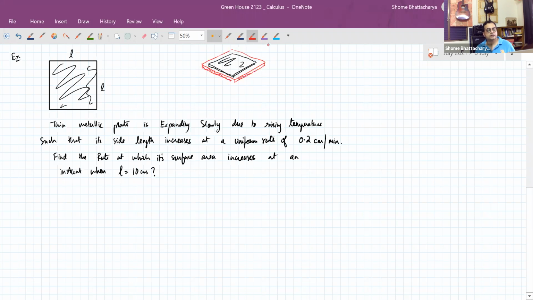We are given that the side length is changing at a uniform rate of 0.2 centimeters per minute. So we have to find the rate at which its surface area is increasing at an instant when the side length is 10 centimeters. And by surface area, what we mean over here is total surface area.